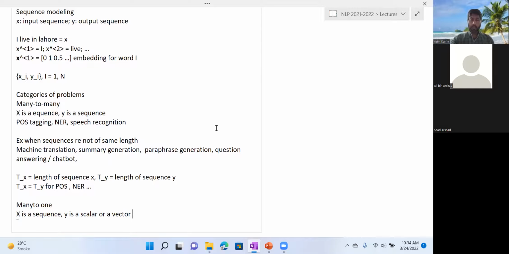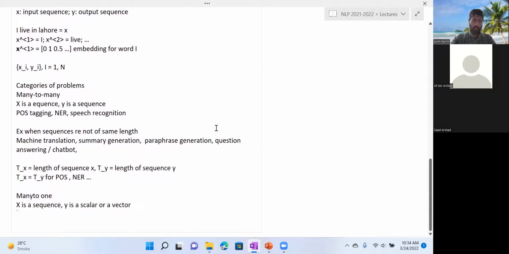Okay? So actually, in this case, any text classification problem is essentially a many to one sequence modeling problem. So for example, sentiment classification or topic classification.